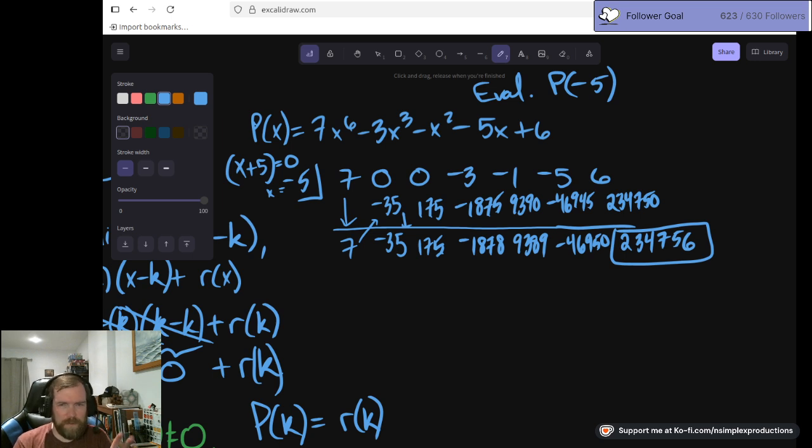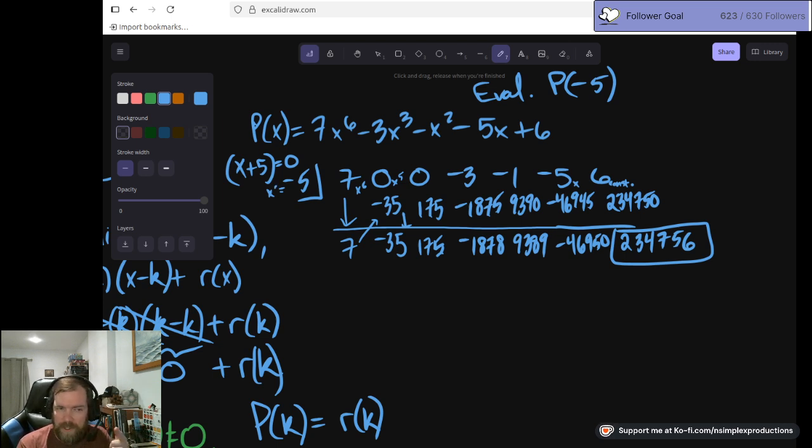If you need further reason why that's the remainder, right? We started with an x to the 6th. And then this was x to the 5th, x to the 4th, x to the 3rd, x squared, x, and now constant. And when we divide by a linear factor, that's x to the 1st.